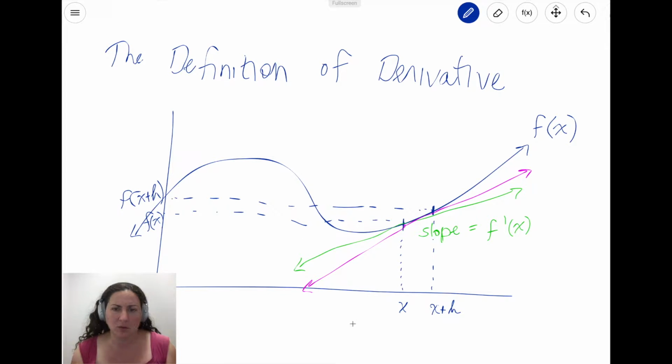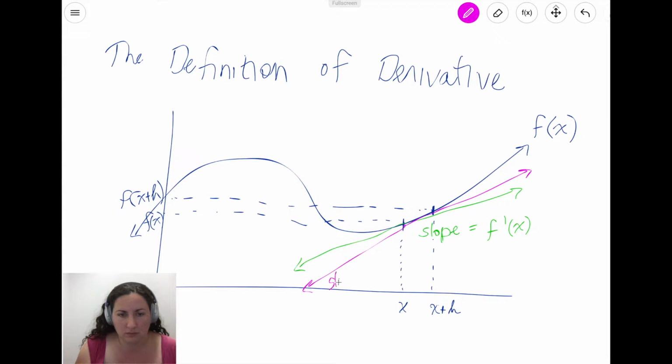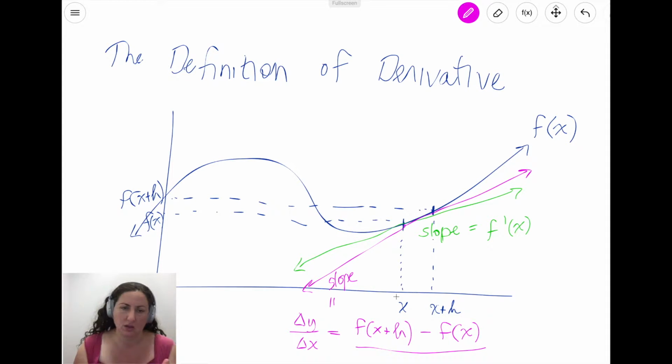So the slope of the pink line is going to equal change in y over change in x, which the change in y is going to be f of x plus h minus f of x. And the change in x, well, x plus h minus x, and that's just h. So that's the slope of the pink line.